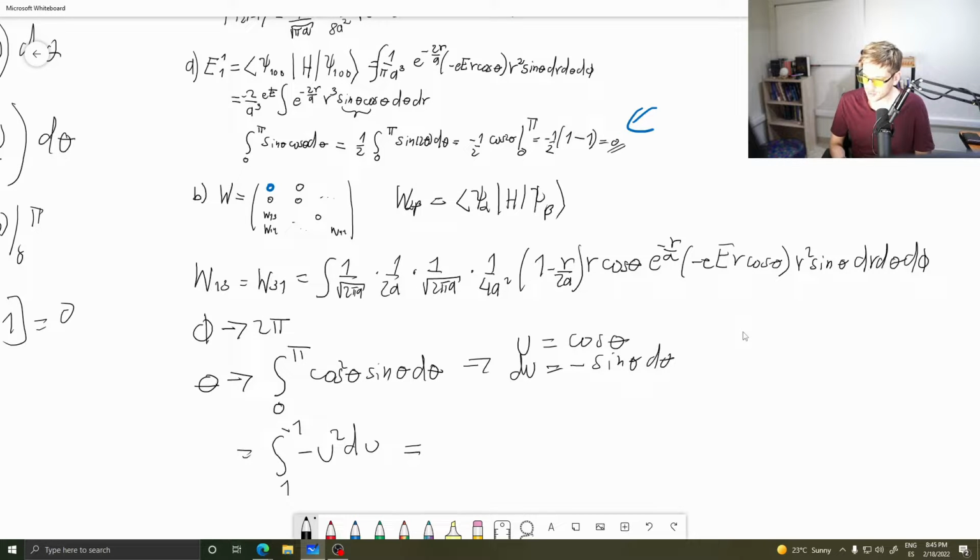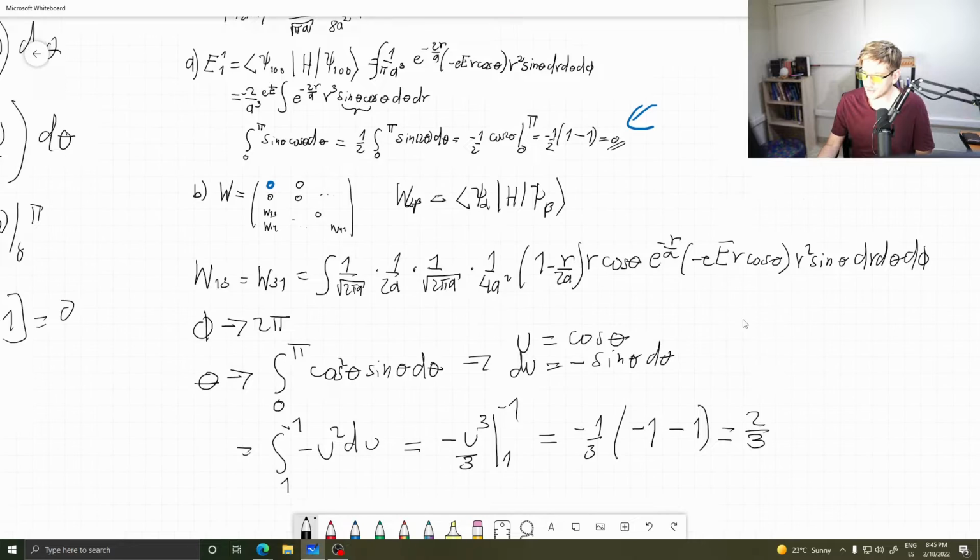So let's integrate this. This is simple. It's minus u cubed over 3, evaluated between 1 and minus 1. We get minus 1/3 of minus 1 cubed, which is minus 1, minus 1 cubed, which is 1. So we get minus 2 times minus 1/3, so we get 2/3. So it's actually not 0.